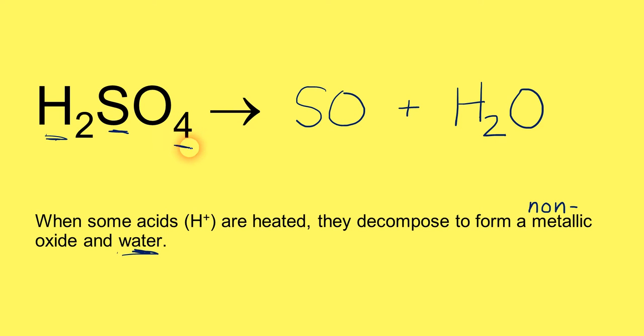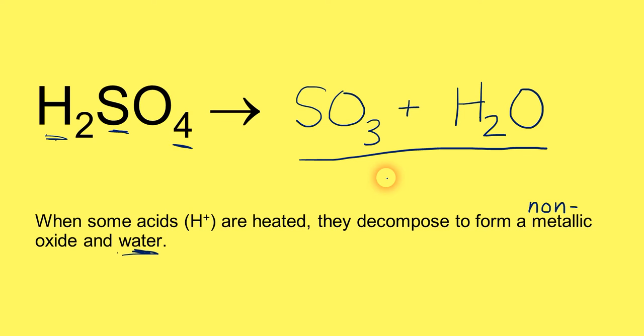So we had 4 on the left. That means we're going to have 4 on the right. And so since one of them went to water, that leaves us with 3 in this compound. So it's SO3 and H2O. And don't forget, sulfur trioxide, S and O, that's not ionic. So there are no charges to swap. It's just SO3 and H2O. So those are the decomposition reactions.